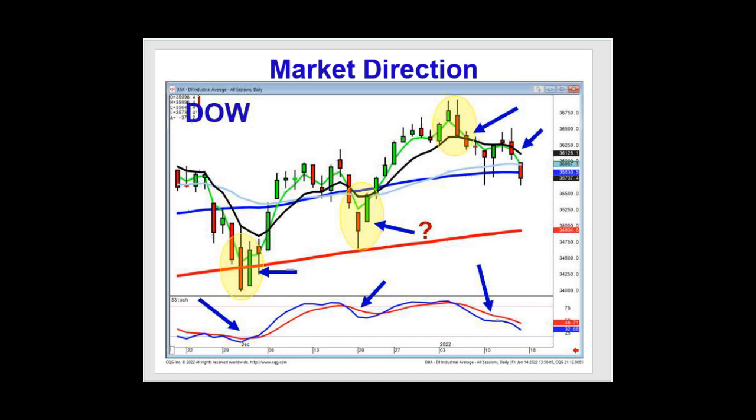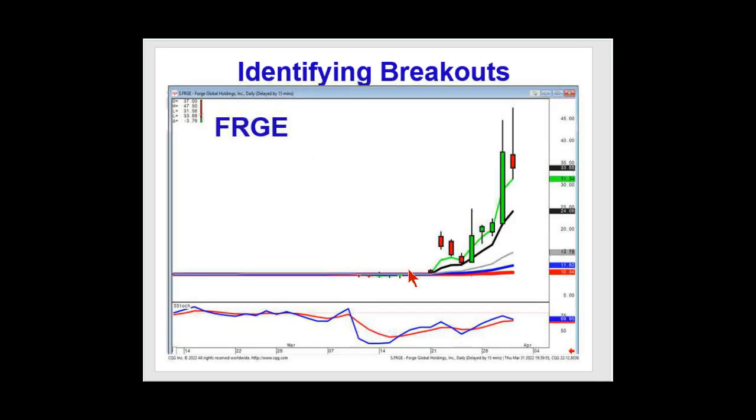But even with markets trading off or getting toppy, there is always price movements out there that we can identify. And the reason we can identify them is the graphics tell us there is a drastic change of investor sentiment.